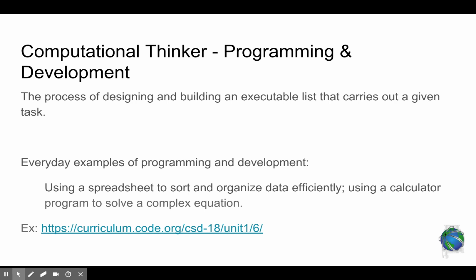So these are certainly the basis for computer programs, but not necessarily does it require writing a program for a computer. You can use a spreadsheet to sort and organize information, a calculator to solve a problem, and there are many examples that could be used here.